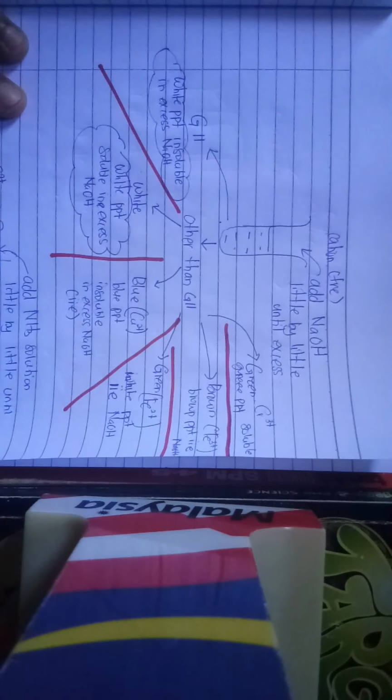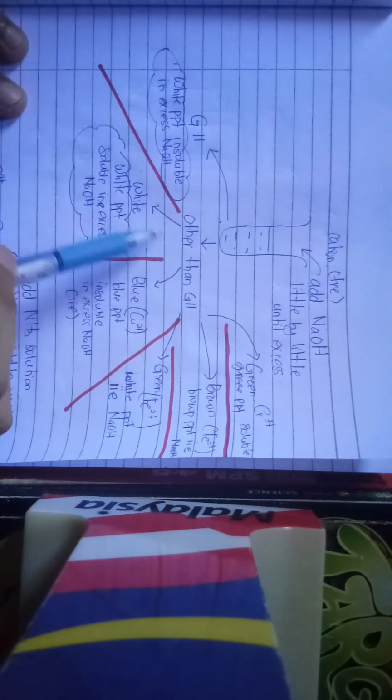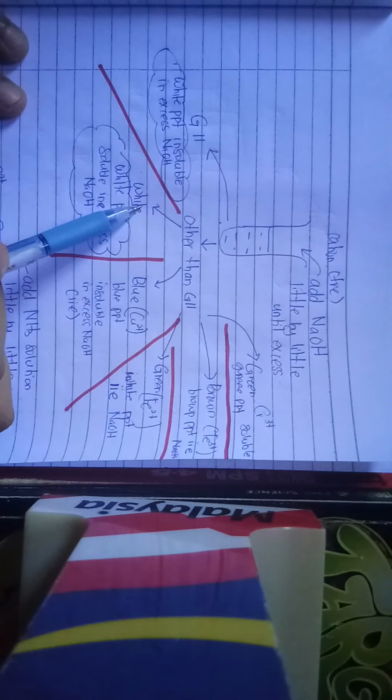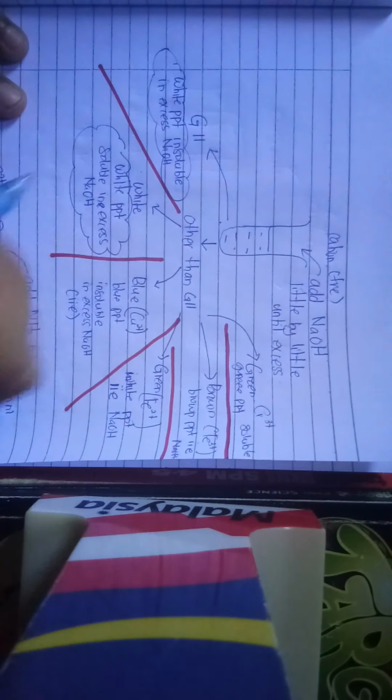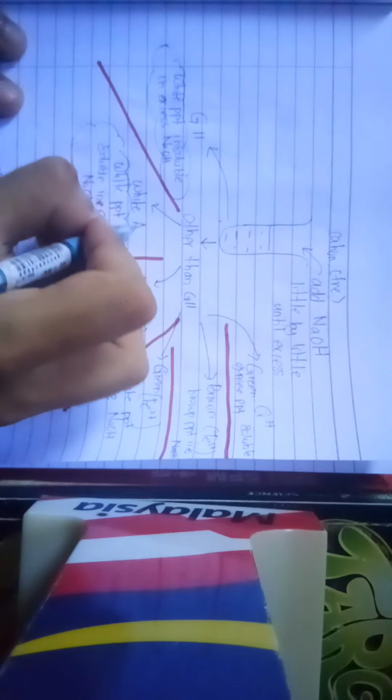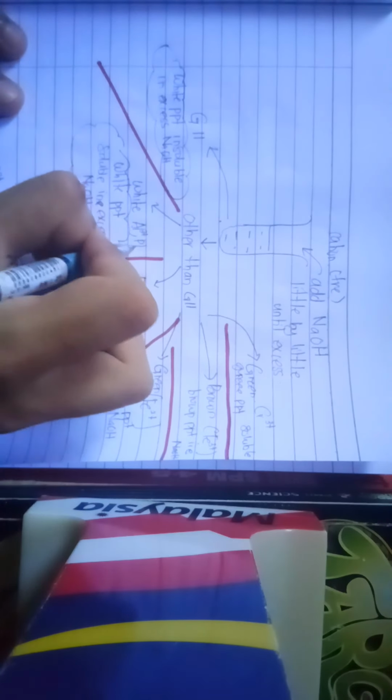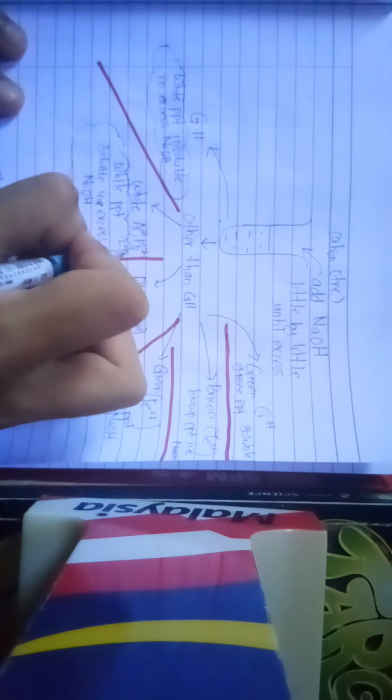Other than group 2, you have other white colors also, but they are not group 2. For example, you have aluminium, Pb2+ and Zn2+. If you see in your periodic table, these three ions are not in group 2, but they are white color also. So for non-group 2, they will form white precipitate but soluble in excess NaOH, sodium hydroxide.